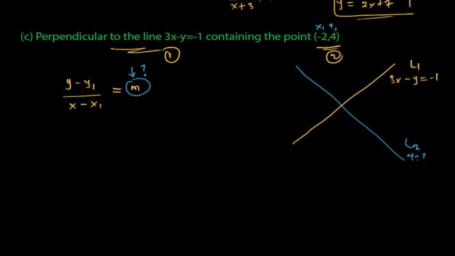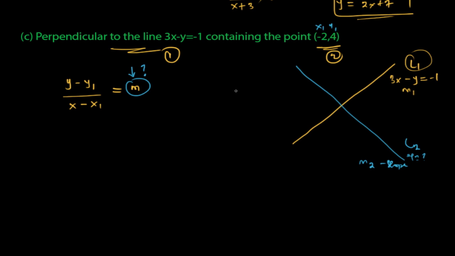Let's assume m1 is the slope of line L1, and m2 is the slope of line L2. L2 is the line whose equation we want to find, but L1 is the one we're given. So what do we know?